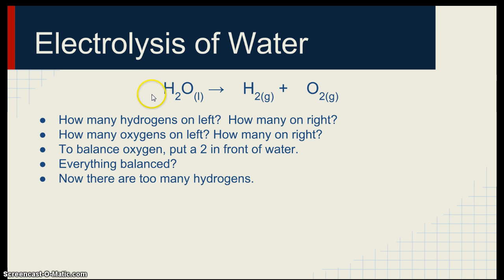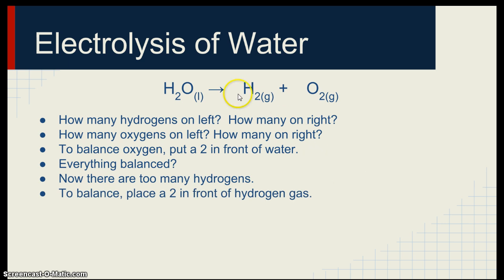If we put a 2 in front of here, we had 2 hydrogens before, but now we have 2 water molecules, so that's 2 times 2, which is 4 hydrogens, while we only have 2 over here. So now we're going to have to balance the hydrogens. In order to balance that, we can very simply put a 2 right here, giving us 4 on that side.